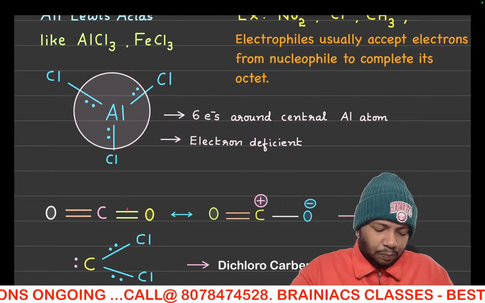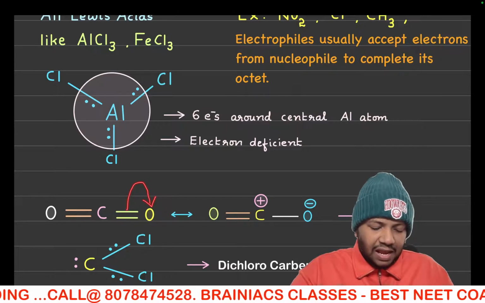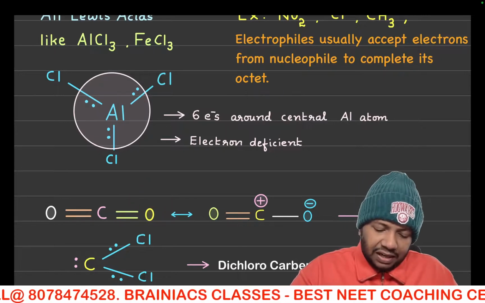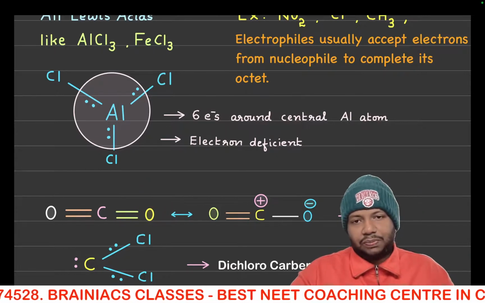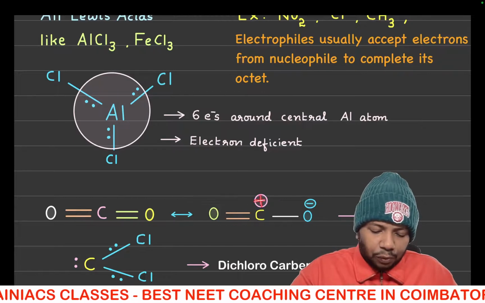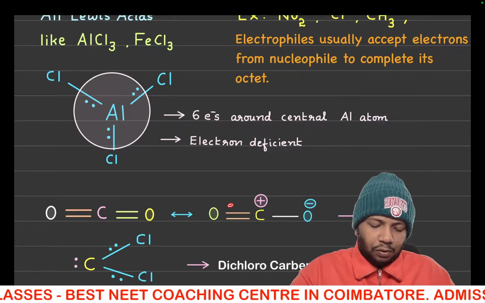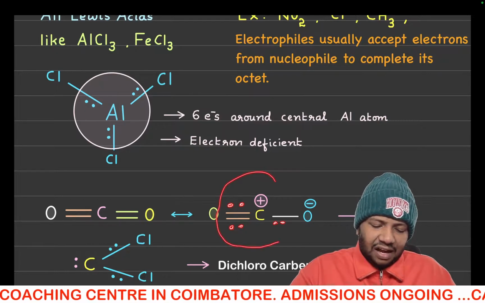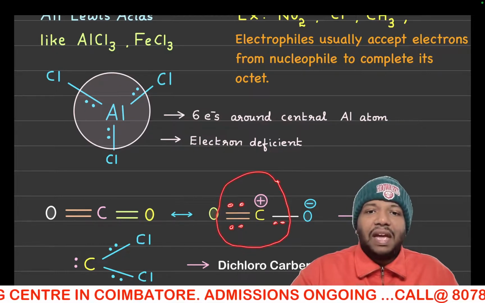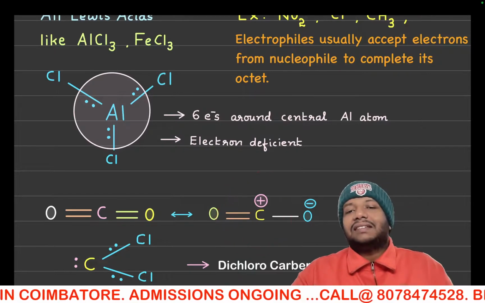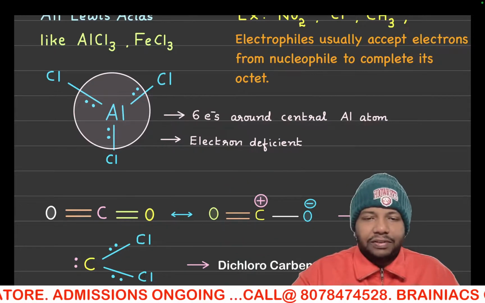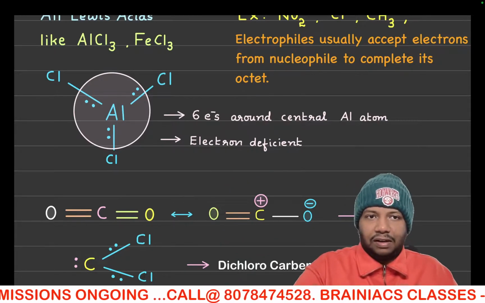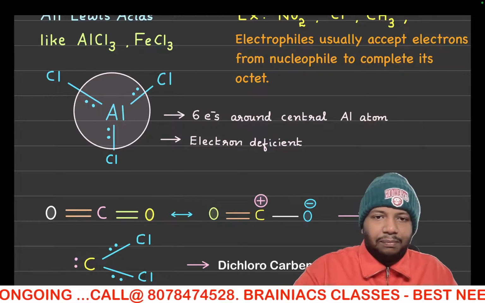So this pi bond undergoes polarization and shifts towards the oxygen, which becomes negatively charged, and the carbon acquires a positive charge. Now you check the number of electrons: 2, 4 and 6 electrons. This carbon is temporarily behaving like an electrophile, and that is the reason we say carbon dioxide is a temporary electrophile. So don't forget, this is very important.